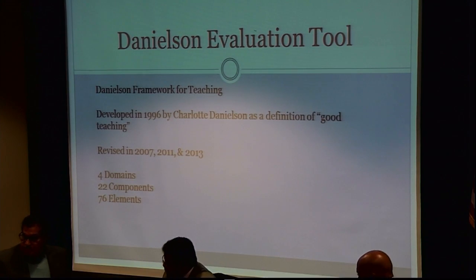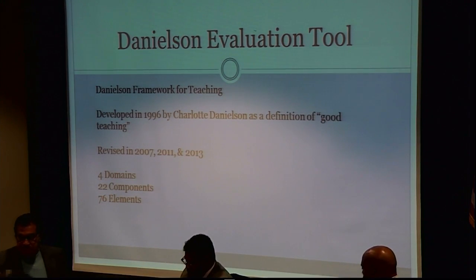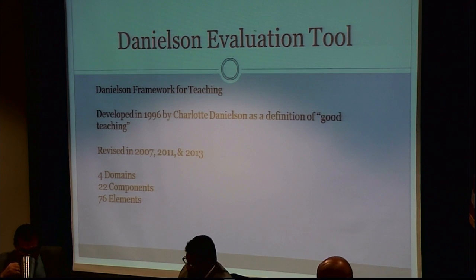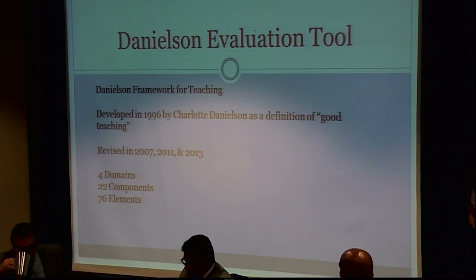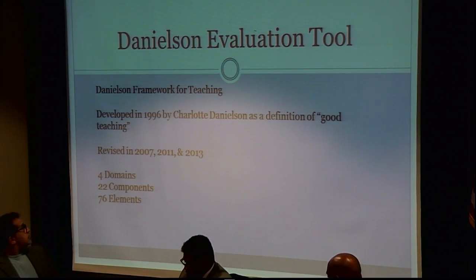All right, so we're going to talk a little bit about the Danielson evaluation tool. The Danielson Framework for Teaching is the long name for it. It was developed in 1996 by Charlotte Danielson as a definition of good teaching. It's been revised 3 times, in 07, 11, and 2013. It's organized into 4 domains, 22 components, and 76 elements.